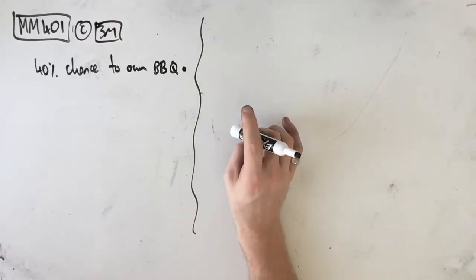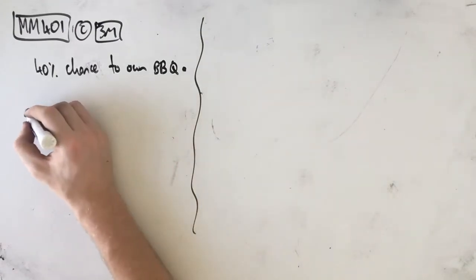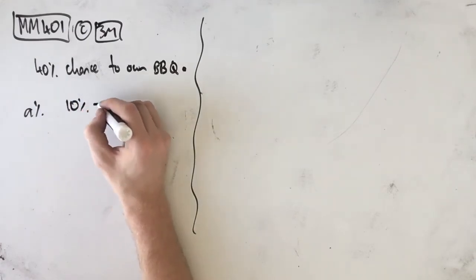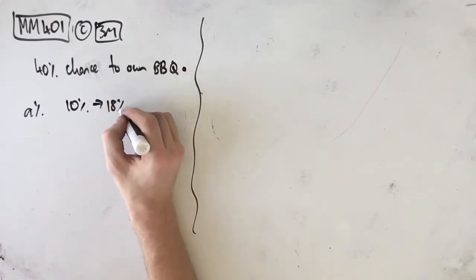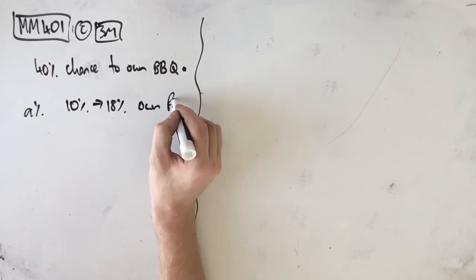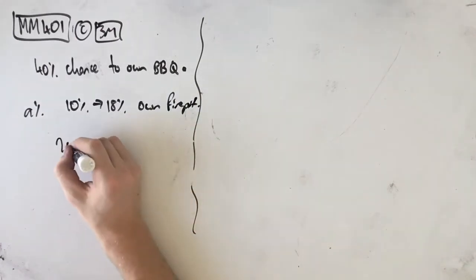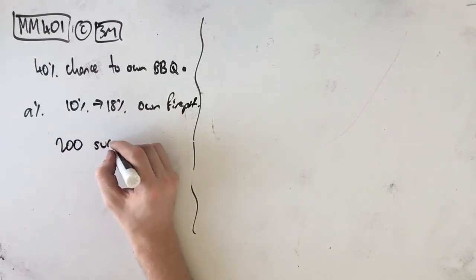After conducting the survey, they are A% certain that between 10% and 18% own a fire pit. If 200 people are surveyed, find the value of A corrected to 1 decimal place.